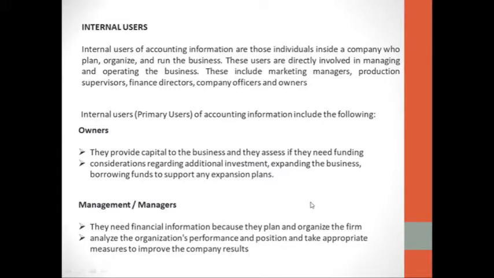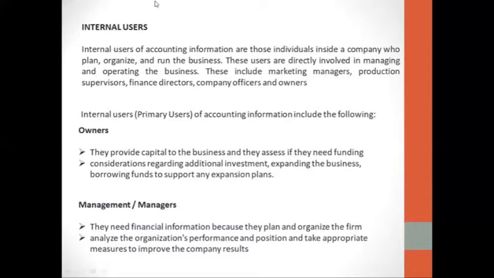So there is more of decision making. When we tackle branches of accounting, guys, the branch of accounting that deals with decision making is management accounting, right? Because we are only talking about within the organization.